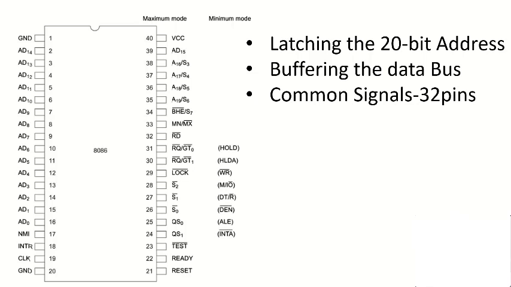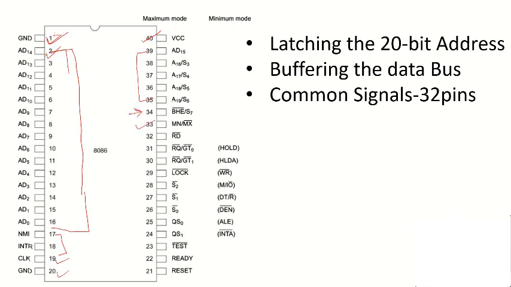We have already studied this. This is ground, and this is the multiplexed address bus, dedicated for the interrupt, clock, ground, then again VCC, and these are called the multiplexed address status bus. Now we will study about this.